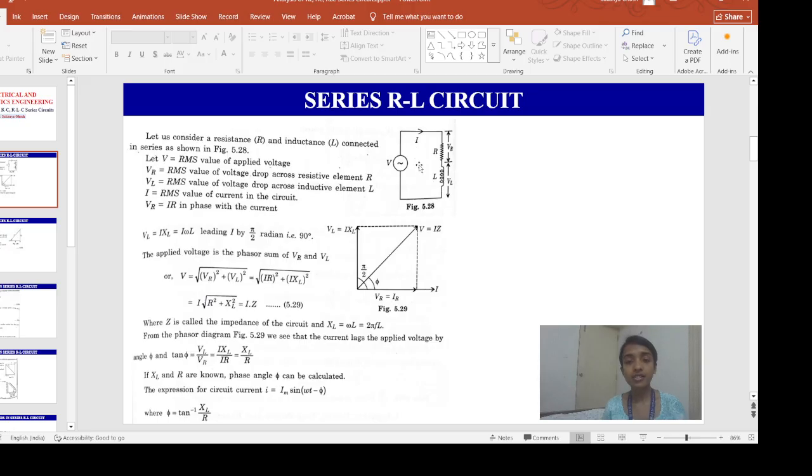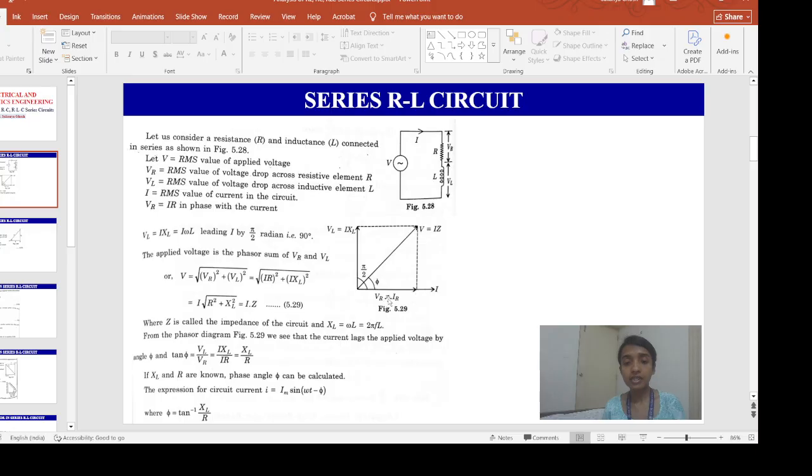Now, because this is an AC voltage, and we are applying the RMS value of the applied voltage, at any instant the current flowing through the circuit, which is also called the instantaneous current, can be written as i equals Im sin(omega t minus phi). Why omega t minus phi?